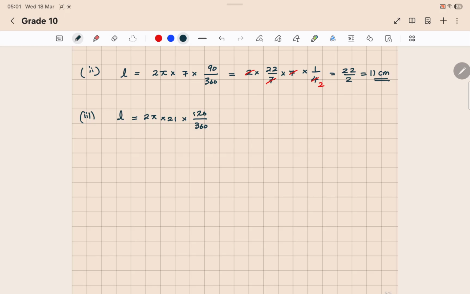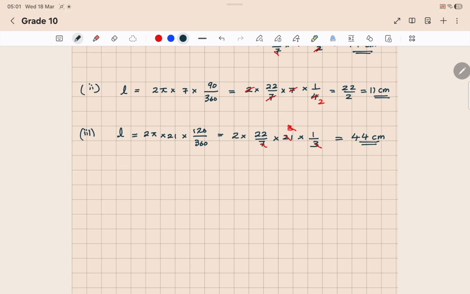Let's simplify: 2 times 22 over 7 times 21 times 1 over 3. The 7 and 21, and the 3s cancel, leaving 2 times 22, 44 centimeters. So that arc length is 44 centimeters.